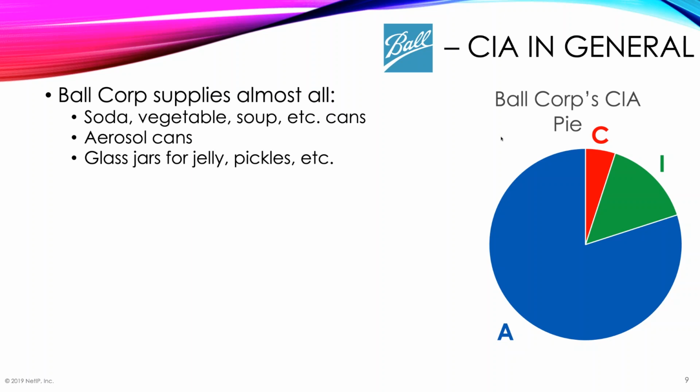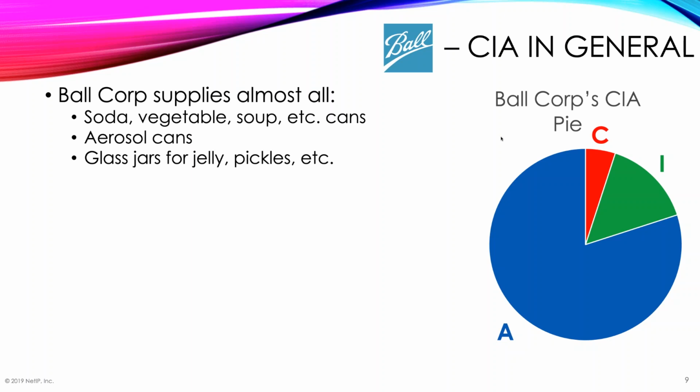Their primary business now, they make soda cans. In fact, 2 of their largest customers are Coca-Cola and PepsiCo, or Pepsi. So when you walk down the soda aisle in your local grocery store, pretty much every can and bottle that you see on the shelves was probably made by the Ball Corporation.